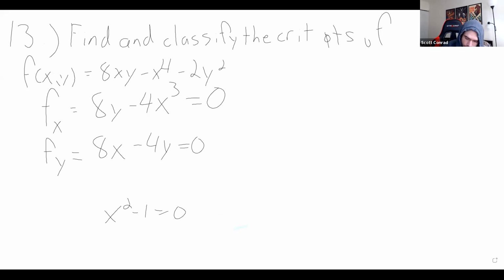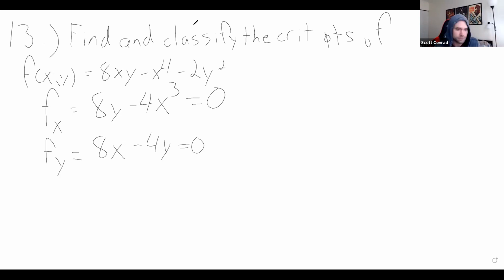Sometimes we get that, which is nice, but often we just get a relationship between the two, and then we have to plug that relationship into the other equation to solve for one of the variables, and then use the relationship to figure out what the other variable is. So we could do that with either one here.